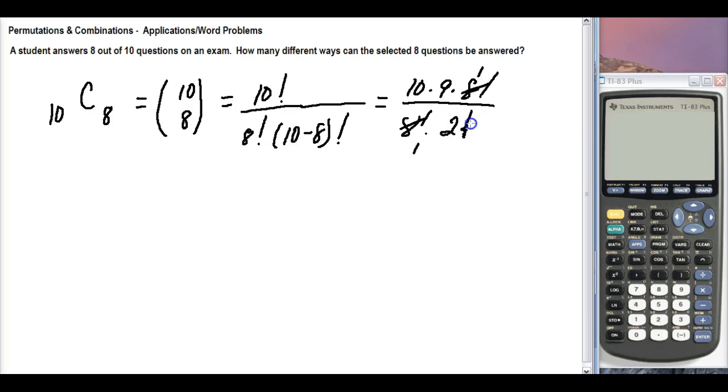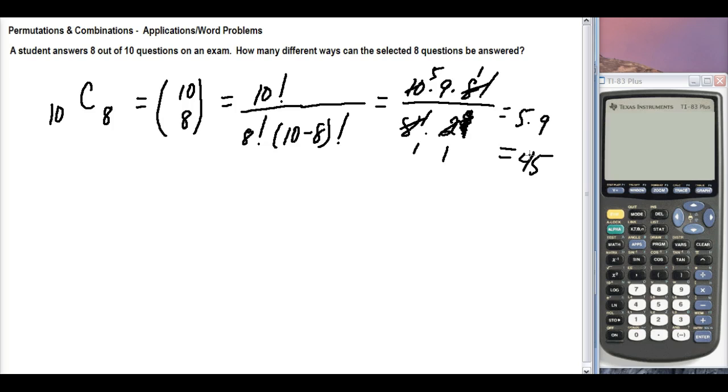So we'll go ahead and get rid of that. And we'll just say that 2 goes into 10 5 times. So all we have left is 5 times 9, which ends up giving us 45. So the student has 45 different ways that he can answer 8 out of the 10 questions.